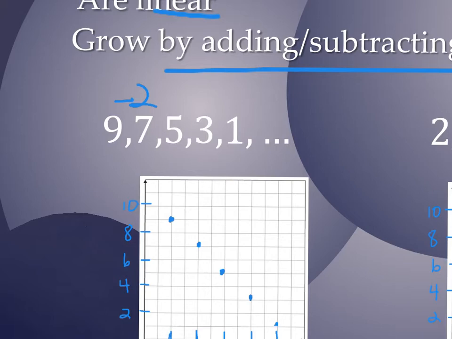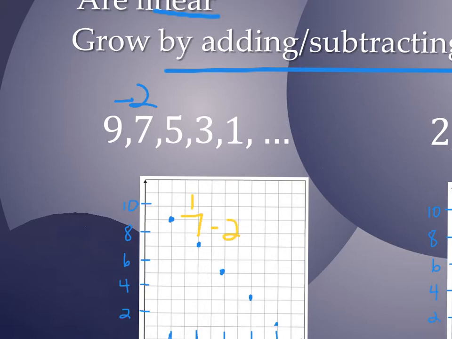But arithmetic sequences have that special factor of having only 1, 2, 3, 4, 5, 6 as inputs, or its domain. And because of that, the graph has these discrete points. They're not continuous. We're not connecting the points. But here we have a -2 for every one.